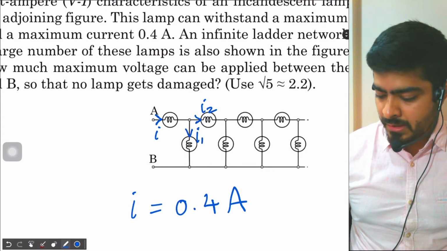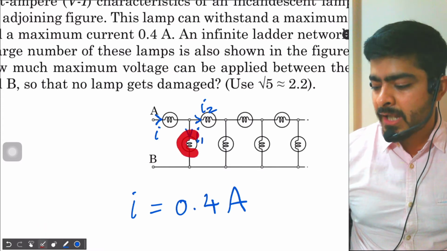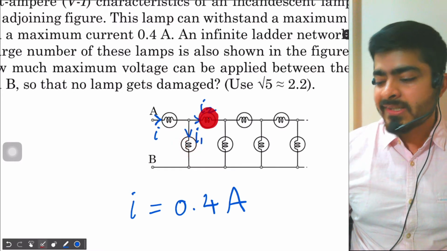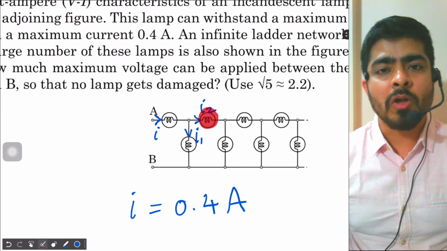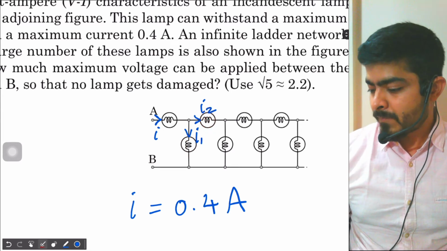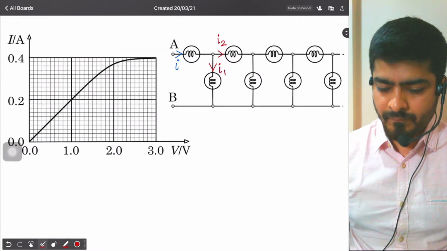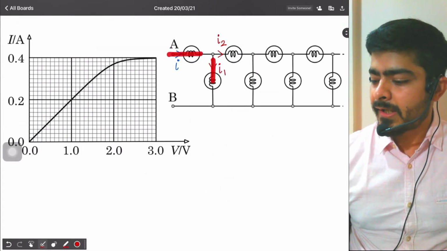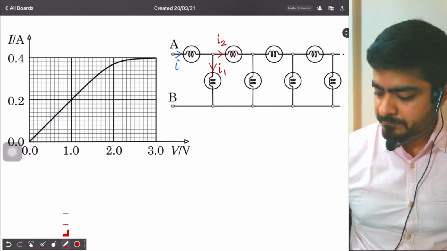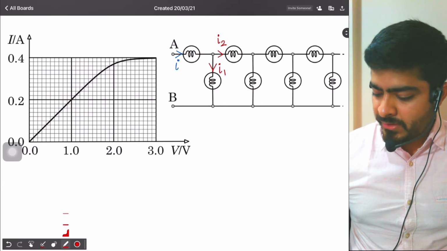Now we are not sure whether this lamp is in the ohmic region or non-ohmic region. Similarly, we are not sure whether this lamp is in the ohmic region or non-ohmic region. So first we need to check that. Let's look at this figure again. So this is your current I, here we have I1, here we have I2. Now there are three possibilities which you can have.